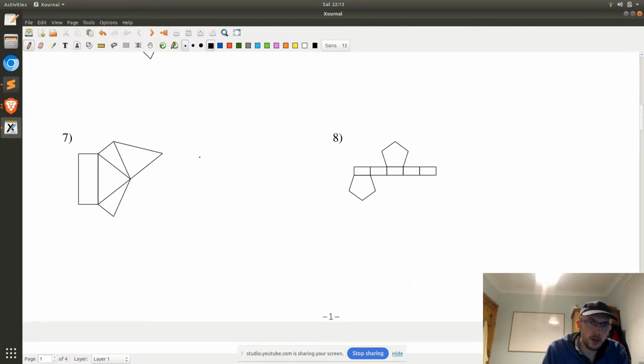This one, a rectangular pyramid. And a pentagonal prism.